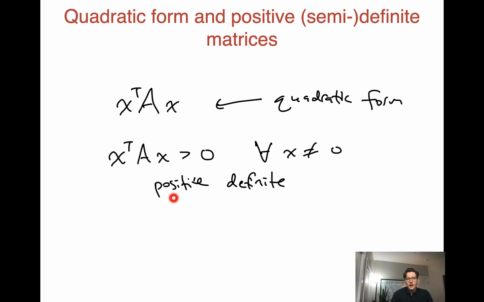So again, a matrix A is positive definite if and only if it's this case. Of course, if x is equal to the vector of all zeros, this thing is always going to be 0. It's not hard to convince yourself of that.